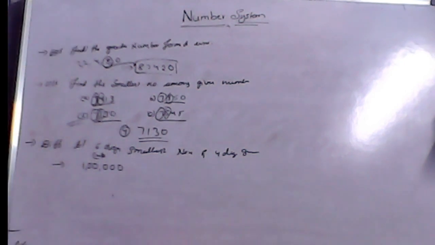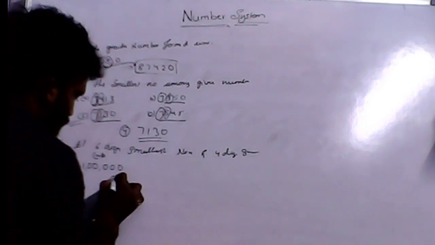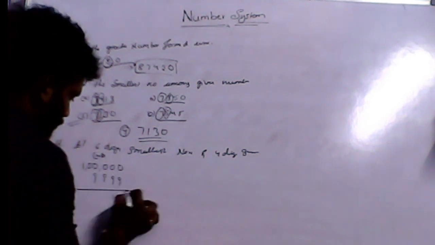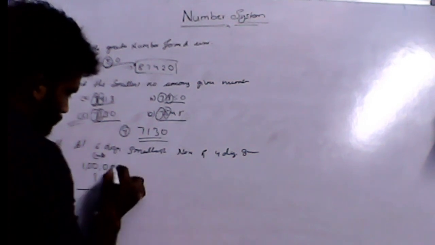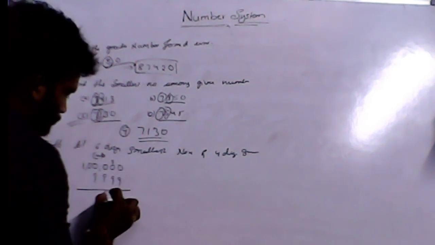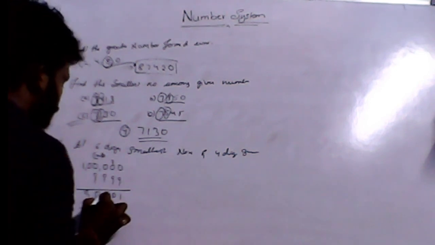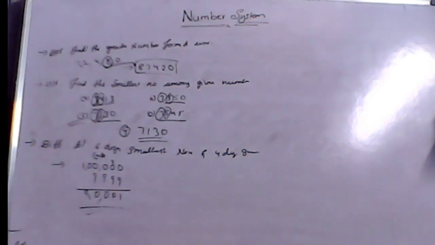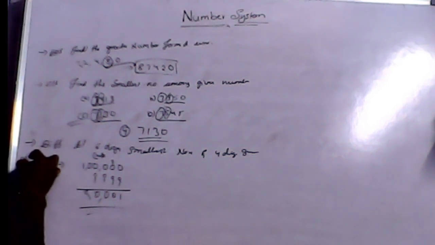To form the greatest number, we use 9 four times, so 9999. So 90001 is the answer. It was given in 2016.